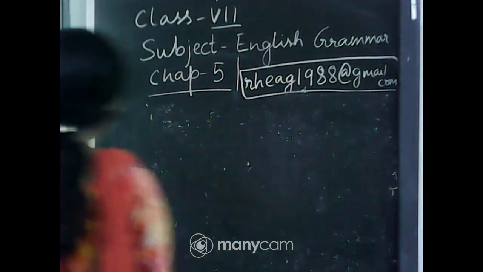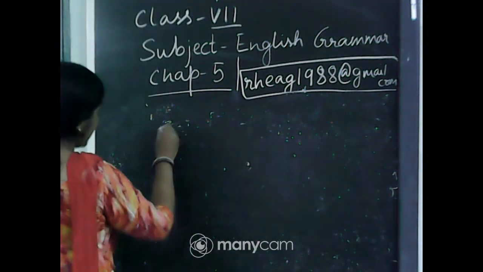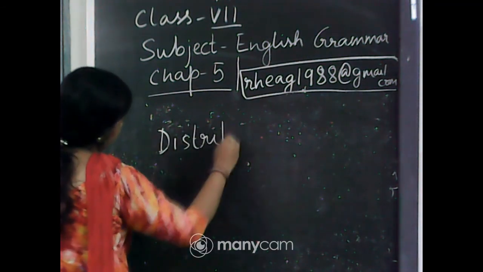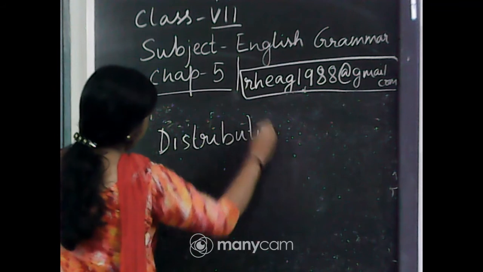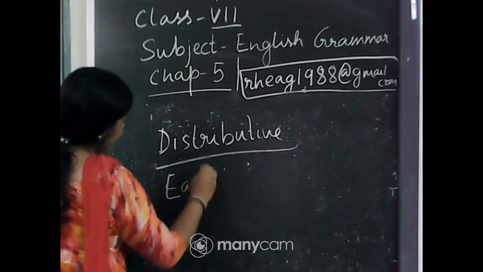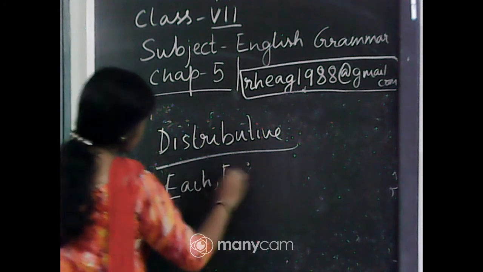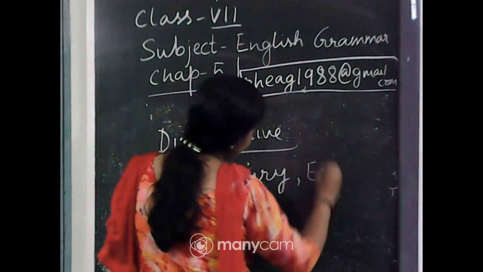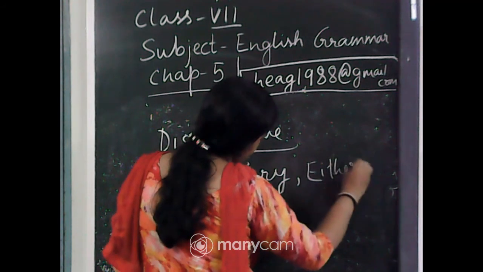Now come to the next kind of determiners, that is distributives. What are the distributives? We will be dealing with each, every, either, neither.